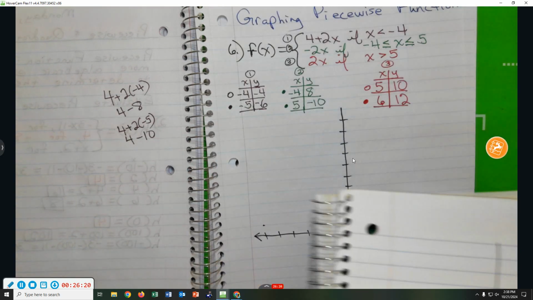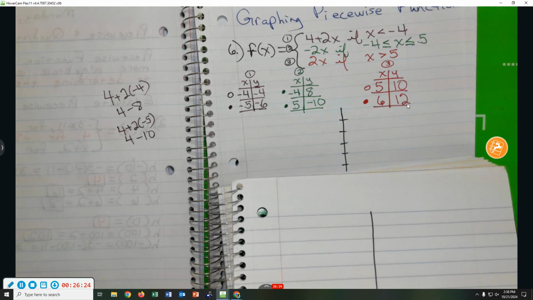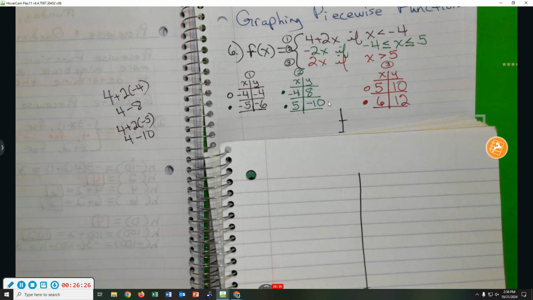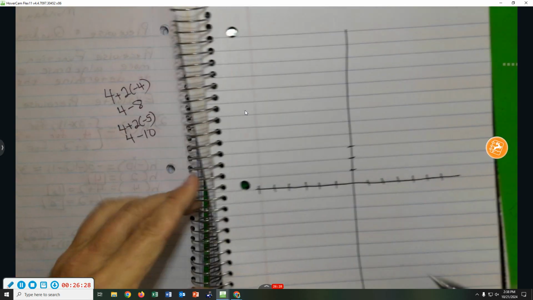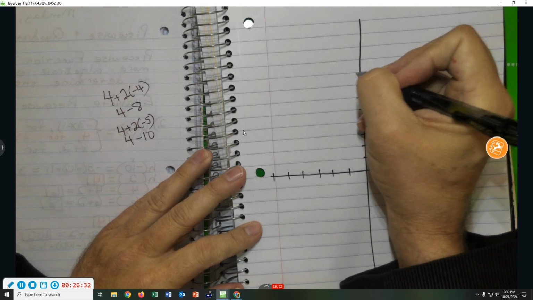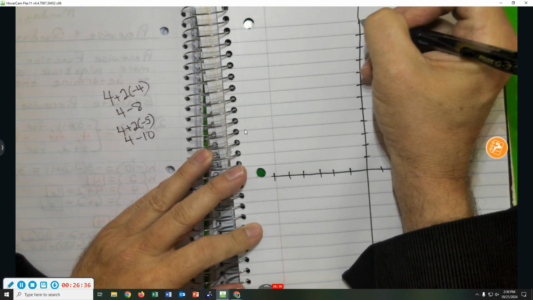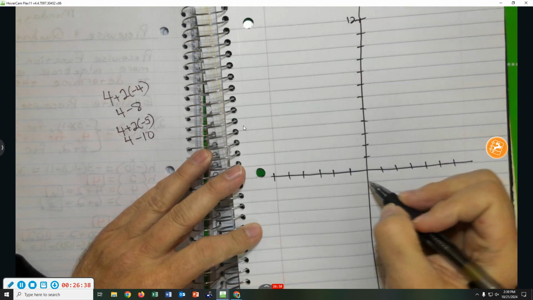Let's see. The biggest y value we get is 12, and the smallest y value we got was what? Negative 10. There's 12.